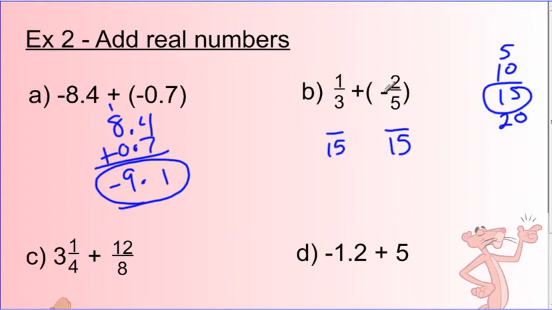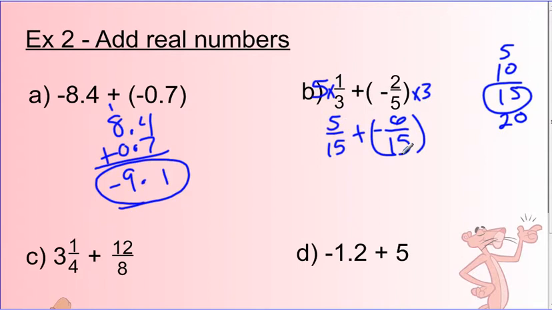This whole fraction, to get to 15 from 5, I'm going to take times by 3. So 2 times 3 is 6. Don't forget your negative sign. This whole fraction, to get from 3 to 15, I have to take times by 5. So my new top number, 1 times 5, is 5.